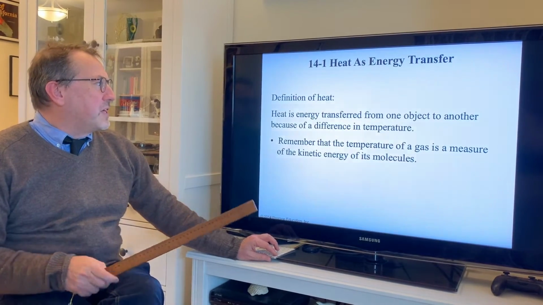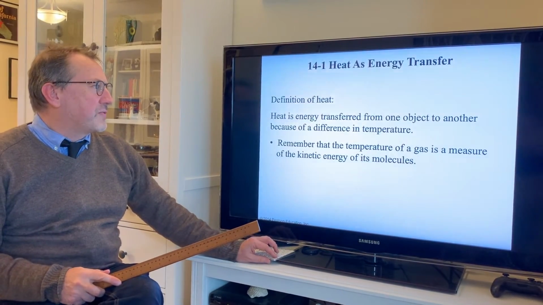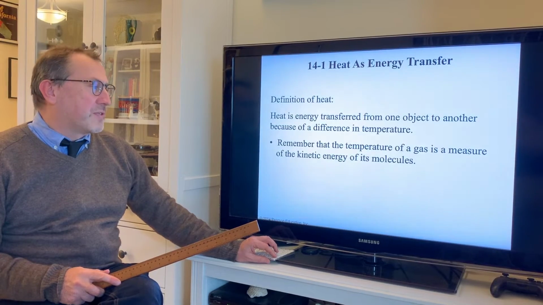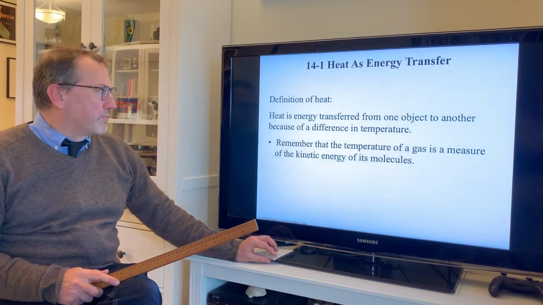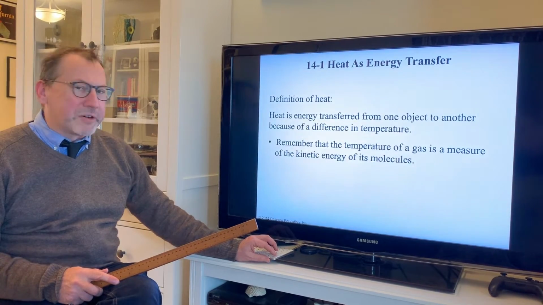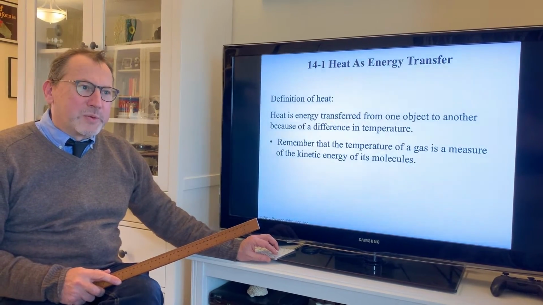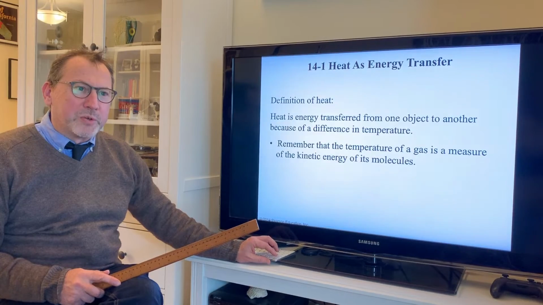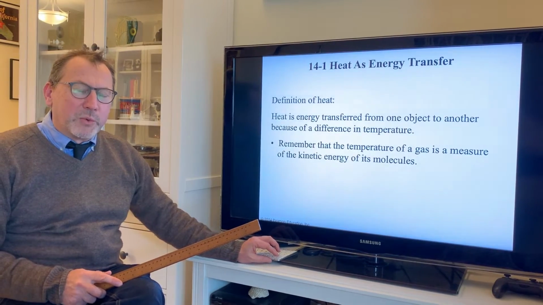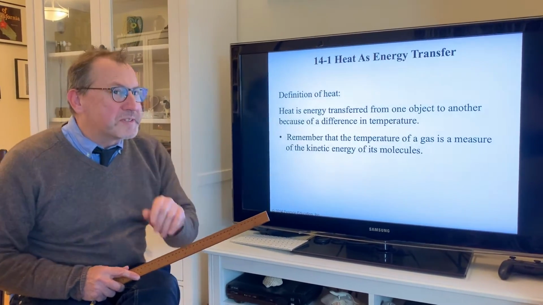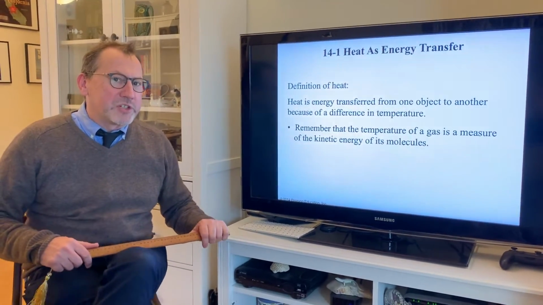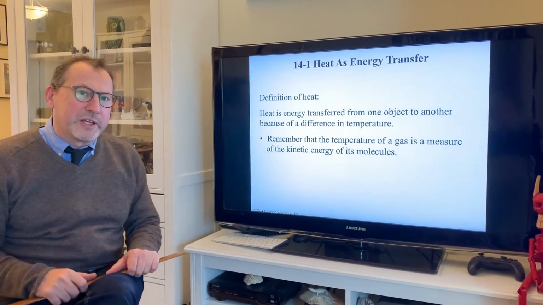So, definition of heat then. Heat is the energy transferred from one object to another because of a difference in temperature. Okay. So usually in class I get people to run around, and someone running fast bumps into someone who's running around slowly. Well, the person running around fast has a high temperature because we said that the temperature corresponds to the translational kinetic energy.